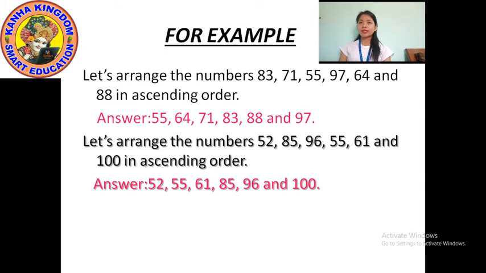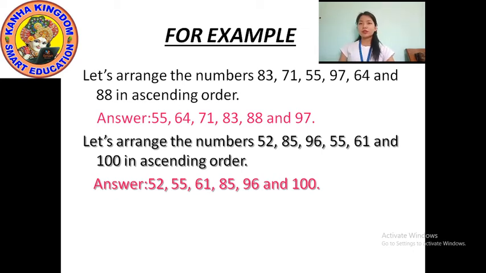Okay, after 83, which number is smallest, 88 or 97? 88, right? So 88 is the fifth smallest number.